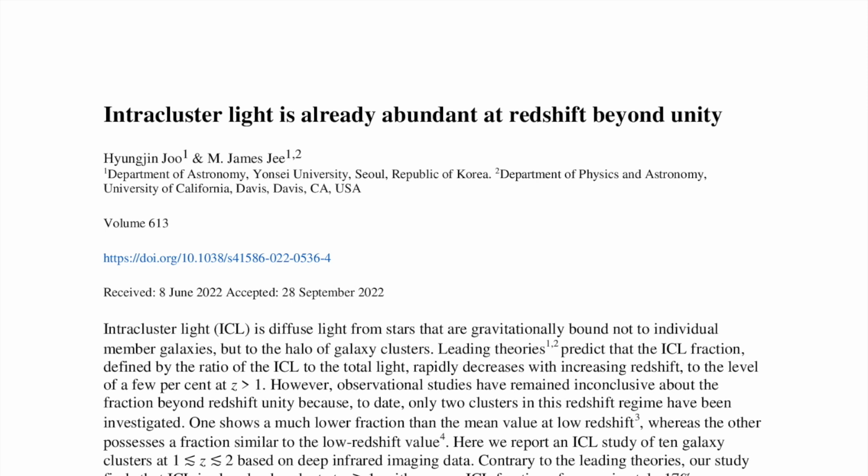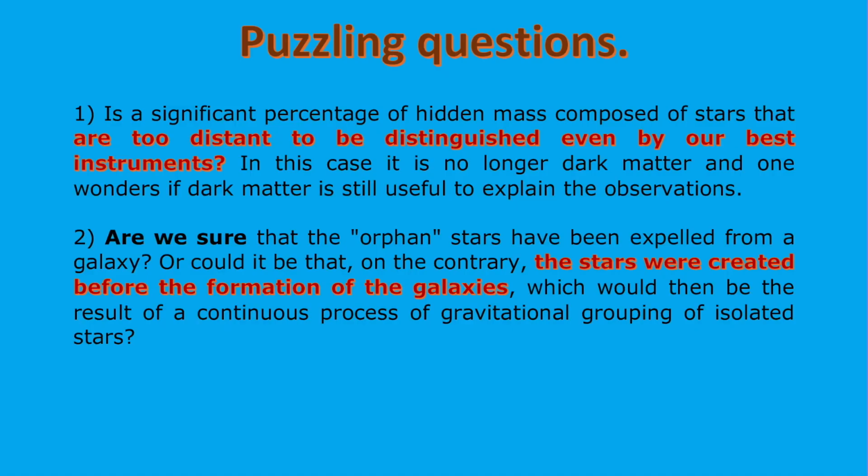We are then led to ask ourselves two fundamental questions. Question 1. Is a significant percentage of invisible matter composed of stars that are too distant to be distinguished even by our best instruments? In this case, it is no longer dark matter, and one wonders if dark matter is still useful to explain the observations.